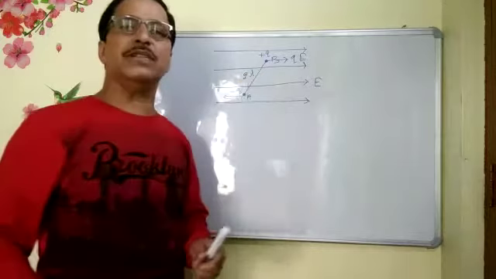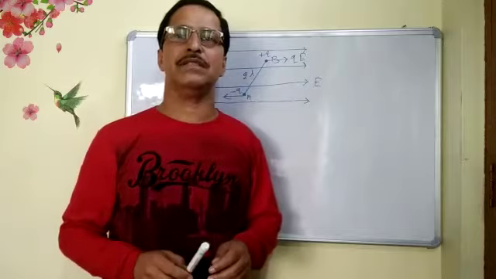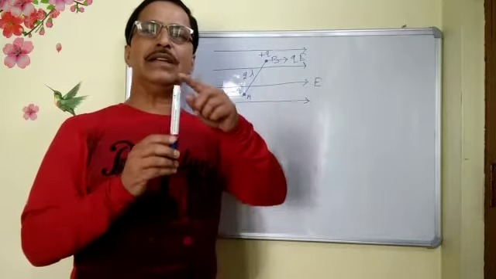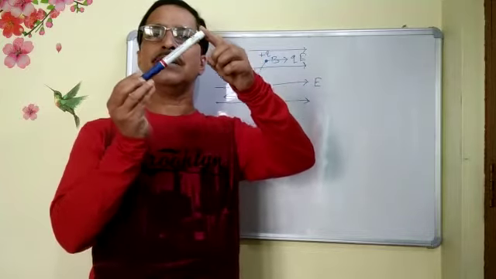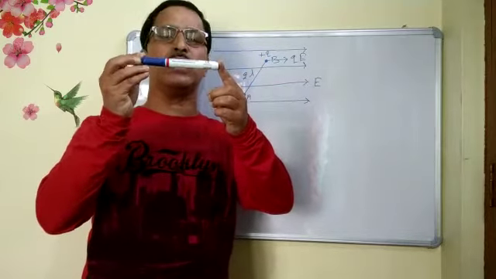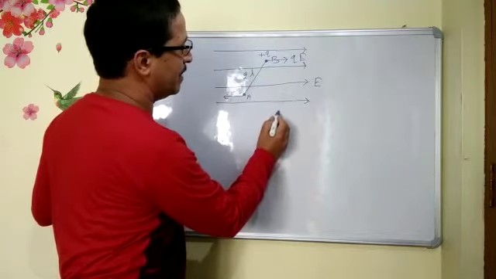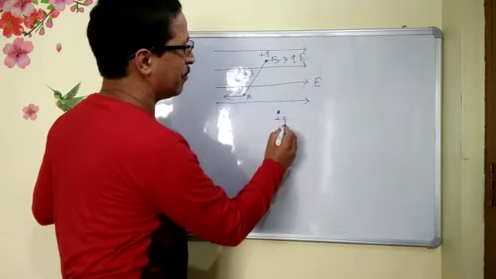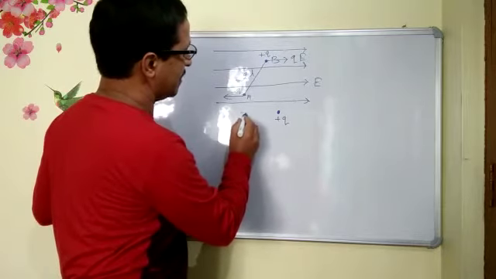These two forces, which are equal and opposite, are making a couple of forces, and they will tend to rotate the dipole so that the dipole orients itself in the direction of the electric field in such a way that the positive charge comes to this side and the negative charge comes to this side.